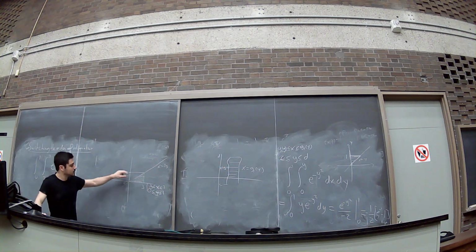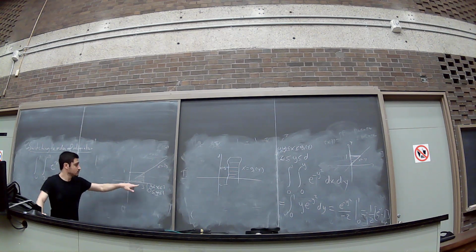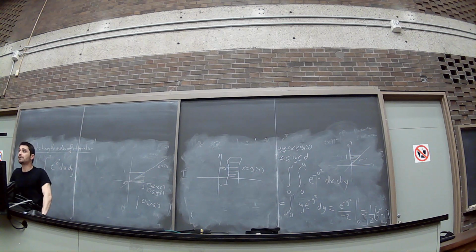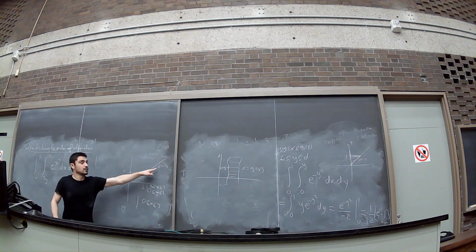Can you bound x between two constants and y between two functions of x? What are the two constants you can bound x with? x goes from 0 to 3. And what are the two functions of x where y varies? 0 to 1 over 3 x.